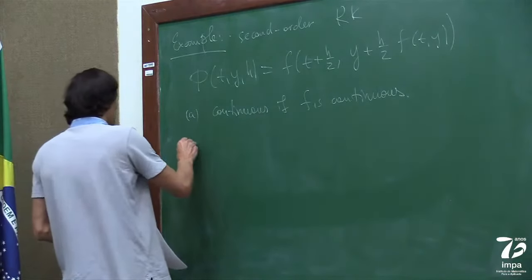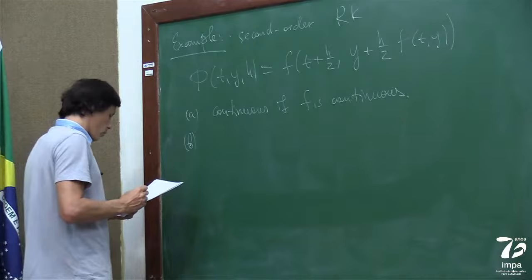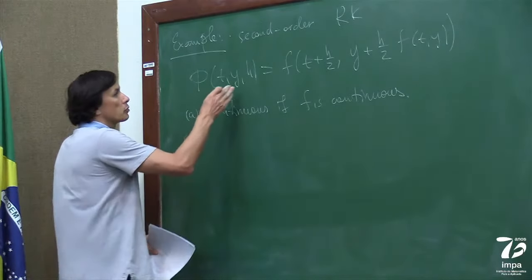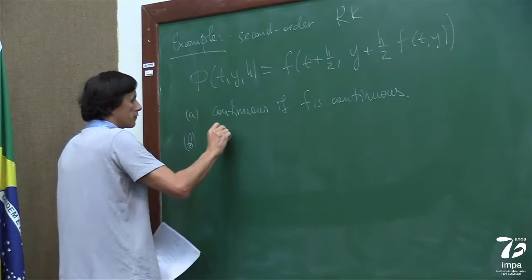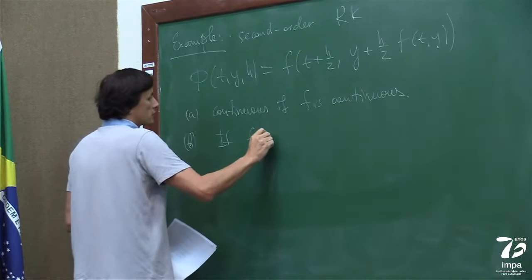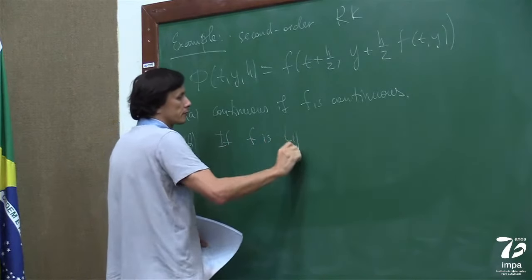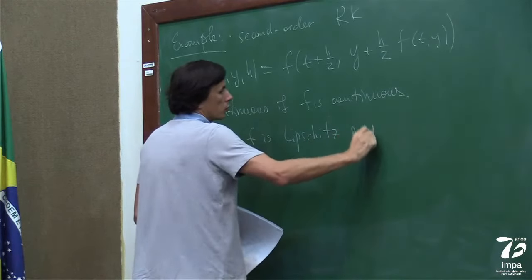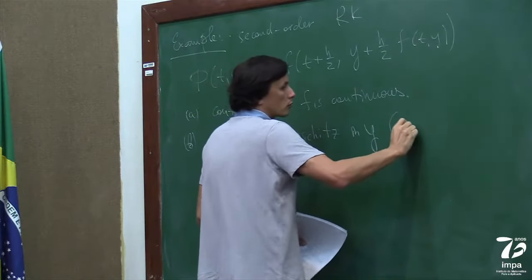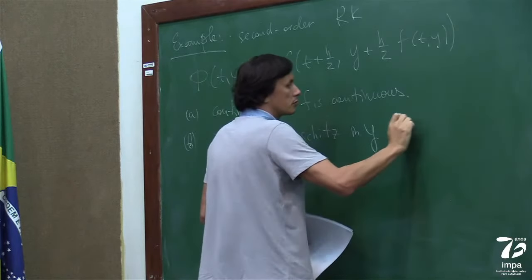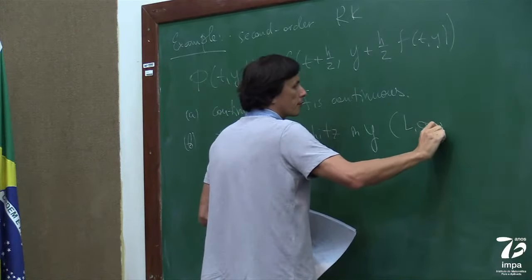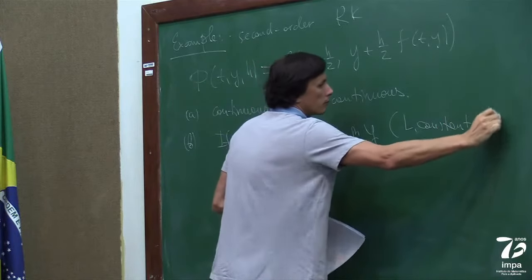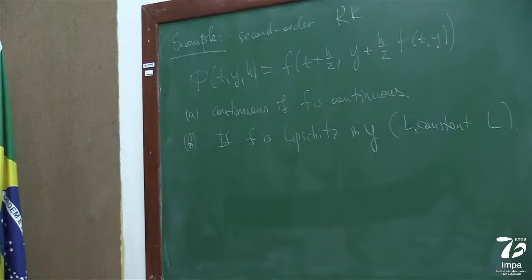Then B: let's check that phi will be Lipschitz if f is Lipschitz in y with Lipschitz constant L. So let's assume that f is Lipschitz.